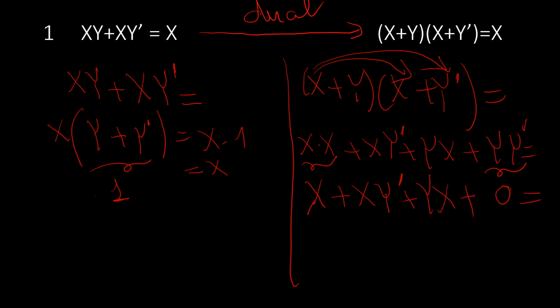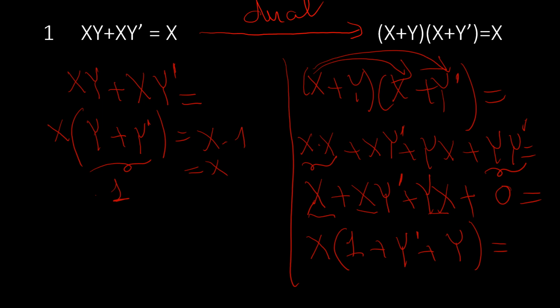This is equal to what? Something very interesting here: I have x as a common term between the three terms. So I will take it out as common factor x, and it will be 1 or y prime or y, which is equal to what? 1 ORed with anything is equal to 1.